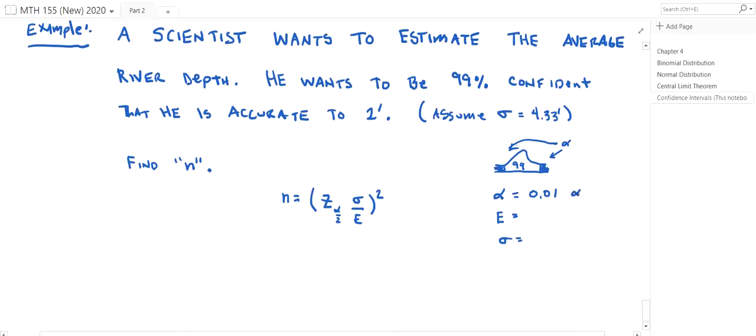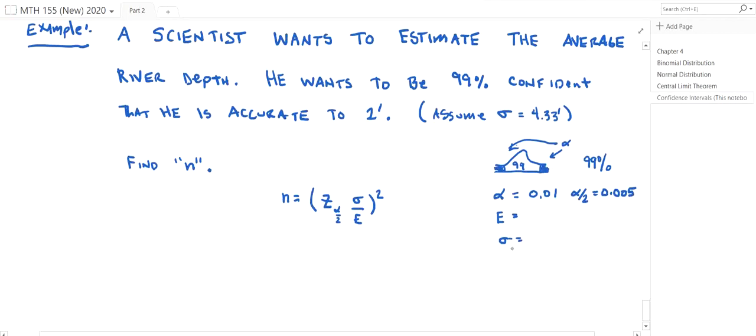So alpha over 2 equals 0.005. We're talking about a 99% confidence interval. Now E, well, we'll come back to E.